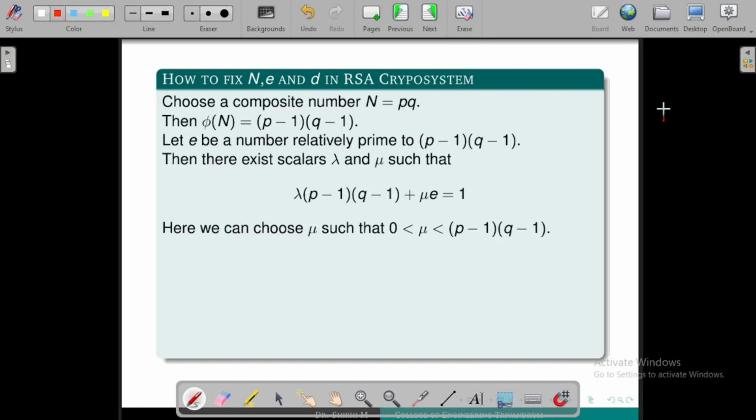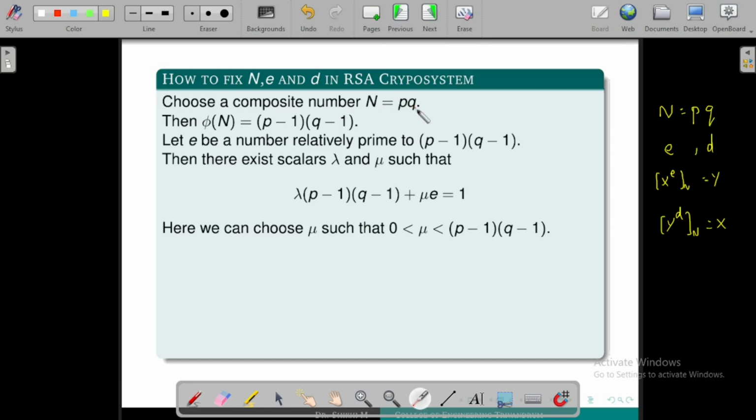The procedure is, we select two gigantic primes P and Q and the product is taken as capital N. And using P and Q, you have to find the numbers E and D. The sender will find X to the power E mod N and send it to the receiver, and the receiver will decrypt this: if it is capital Y, he will find Y to the power D mod N and the answer becomes capital X. So this is the procedure working in the RSA cryptosystem.